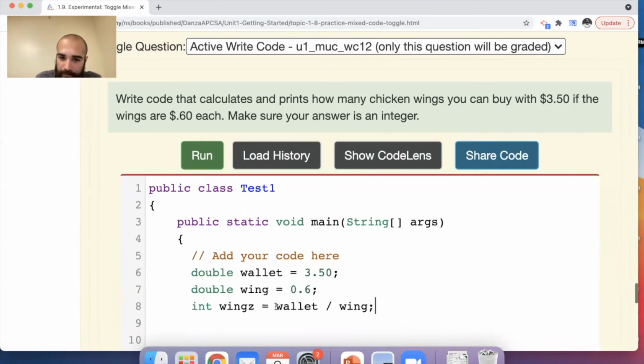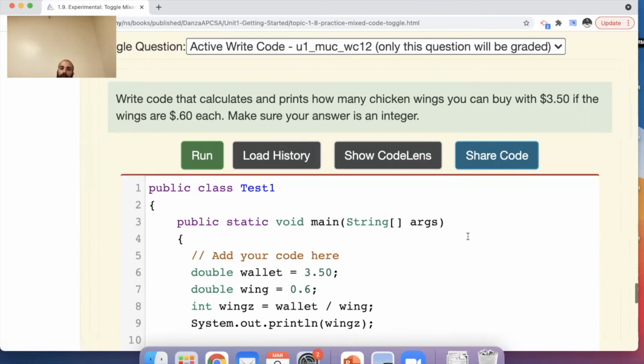So what can I do? Say it again. They want it as an integer. So what would be my solution here?